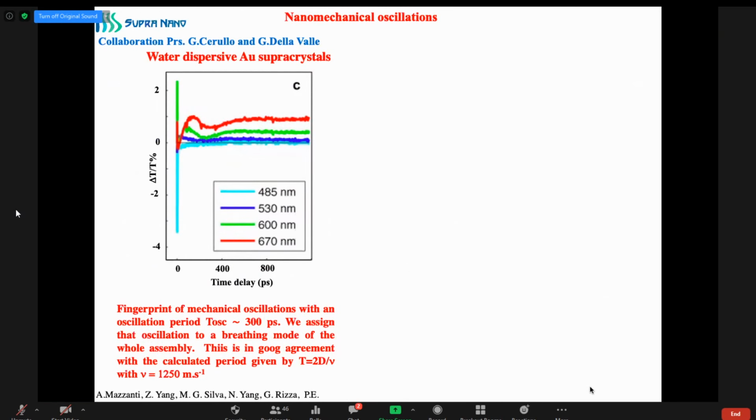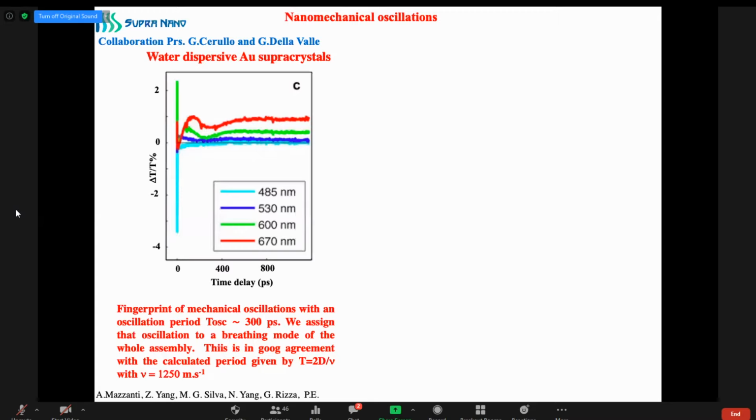No, the speed of sound we measure. In fact, what we did was use a substrate and deposit thin cobalt supracrystals, and we found some propagative phonon. When we did this at different incident angles, we deduced, if I remember well, the speed of sound.